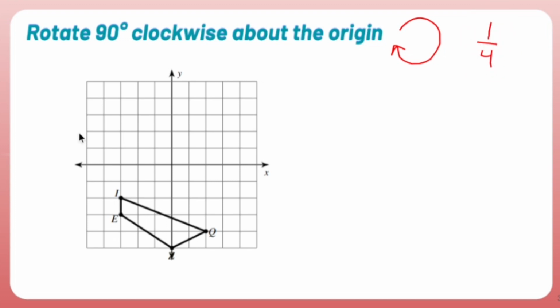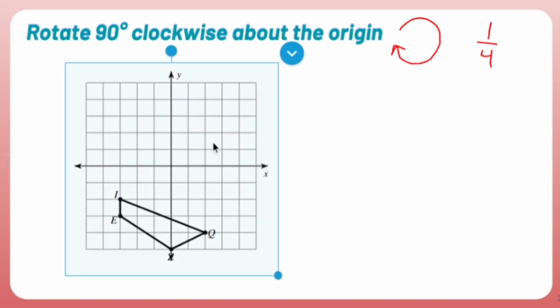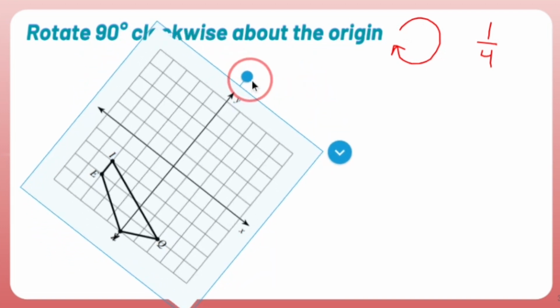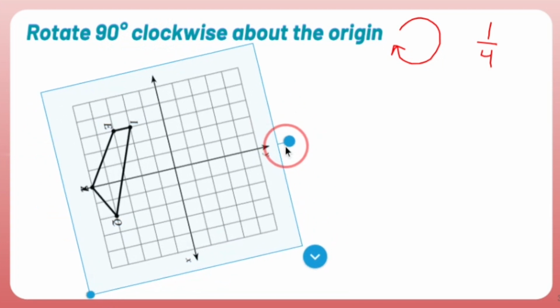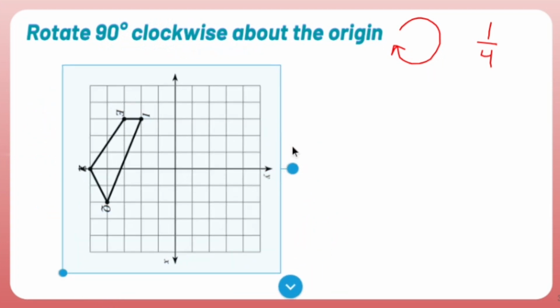Now, this is the way that I've been doing it for years, and you might have a teacher that does it differently, but this is what I do. I'm pretending that I'm using a piece of paper and I'm physically spinning it this way 1/4 of a turn. So I take my paper, and in this case, I take this guy and I spin it 1/4 of a turn, click.